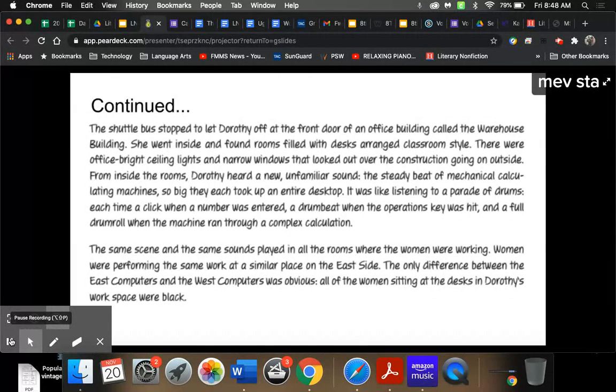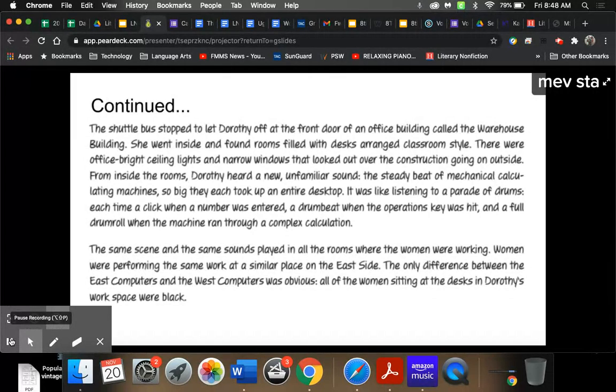The shuttle bus stopped to let Dorothy off at the front door of an office building called the Warehouse Building. She went inside and found rooms filled with desks arranged classroom style. There were bright ceiling lights and narrow windows that looked out over the construction going on outside. From inside the rooms, Dorothy heard a new, unfamiliar sound, the steady beat of mechanical calculating machines, so big they each took up an entire desktop.